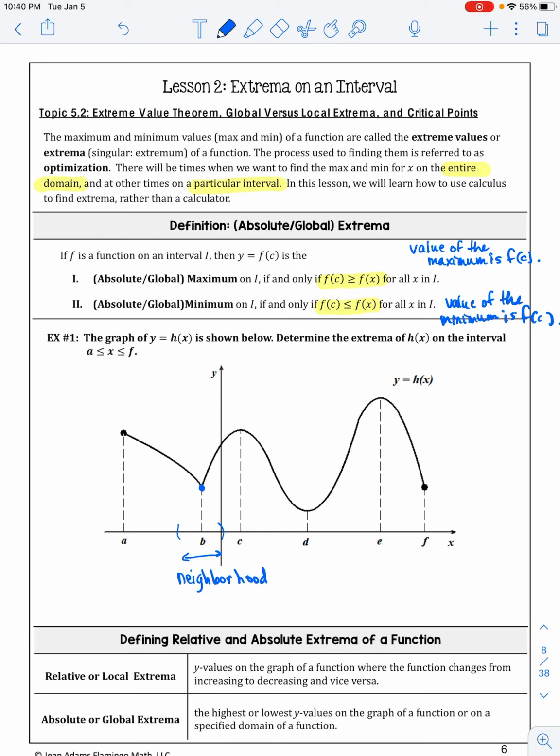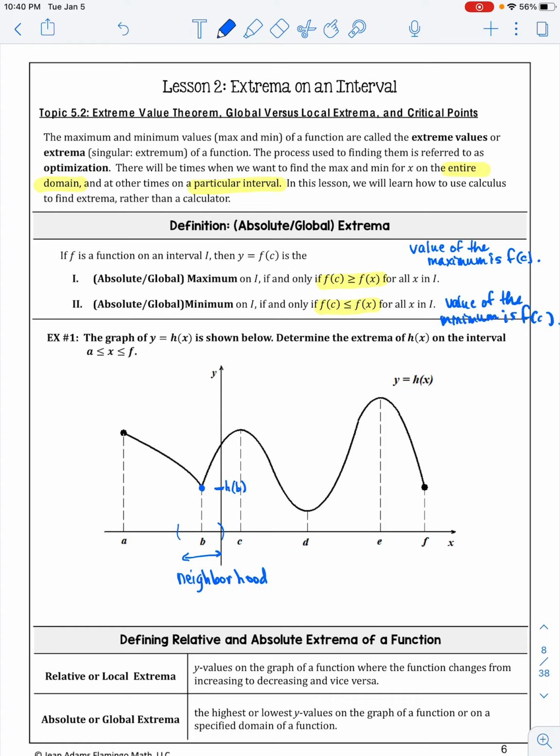So I'm going to follow this over. My y value is h of b here. Almost wrote f. This is h of b, right? Because if I follow that y value over, that's where it is on the y-axis.